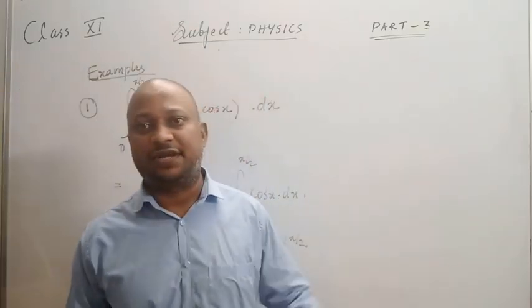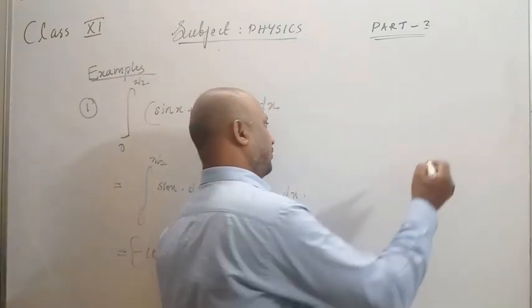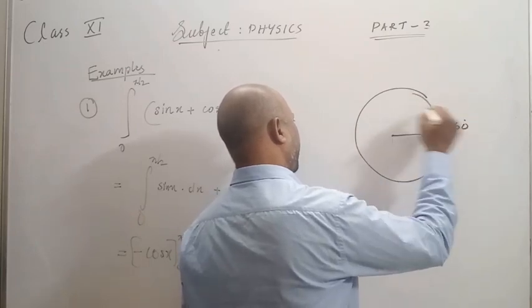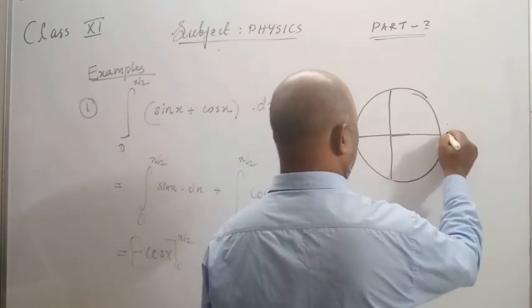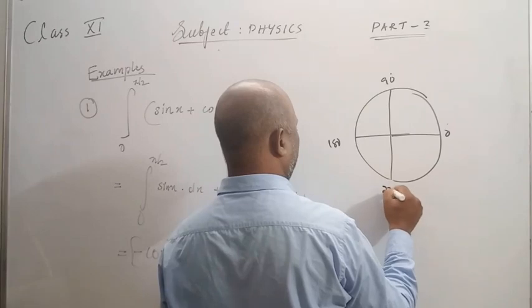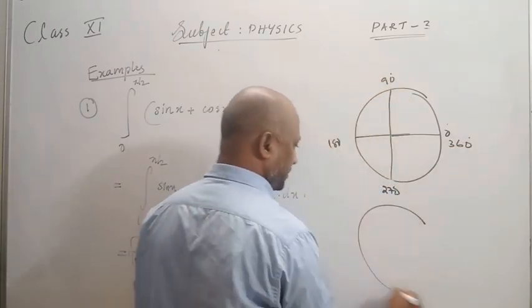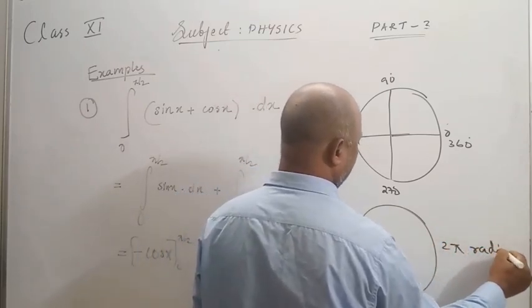One is the sexagesimal system and another one is the circular system. The sexagesimal system we already know. In a quadrant there are 0 degree, 90 degree, 180 degree, 270 degree and 360 degree. The complete angle in the circular system is 2 pi radian.